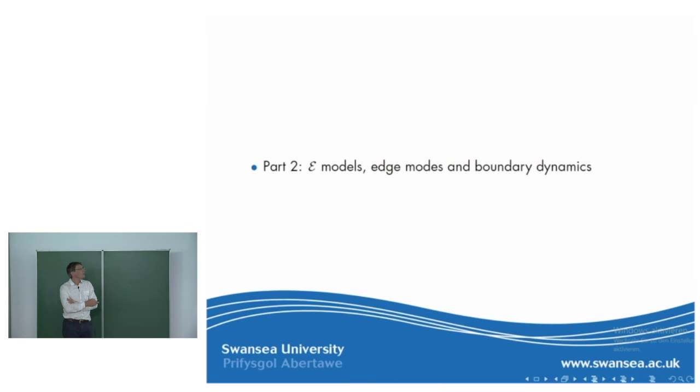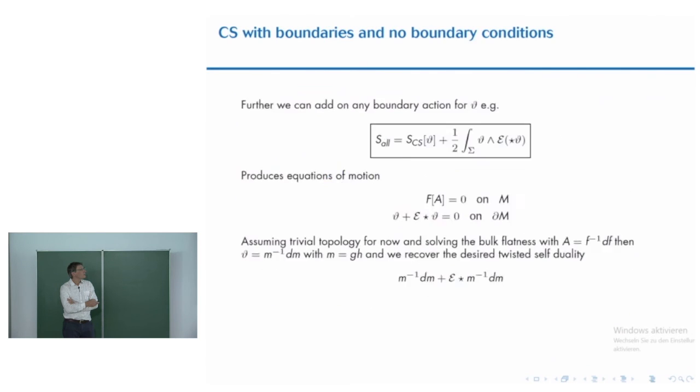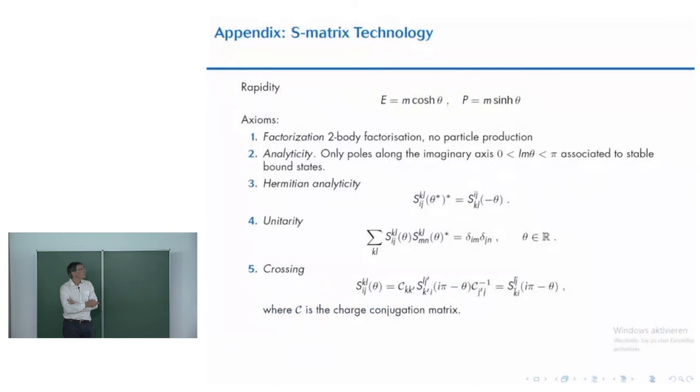I'm going to go right to the end. Close your eyes. When we're doing integrable theories, we have axioms for the S matrix. Factorization is the big one, that's what we're really thinking about, but there are also various analyticity properties that we place on it.